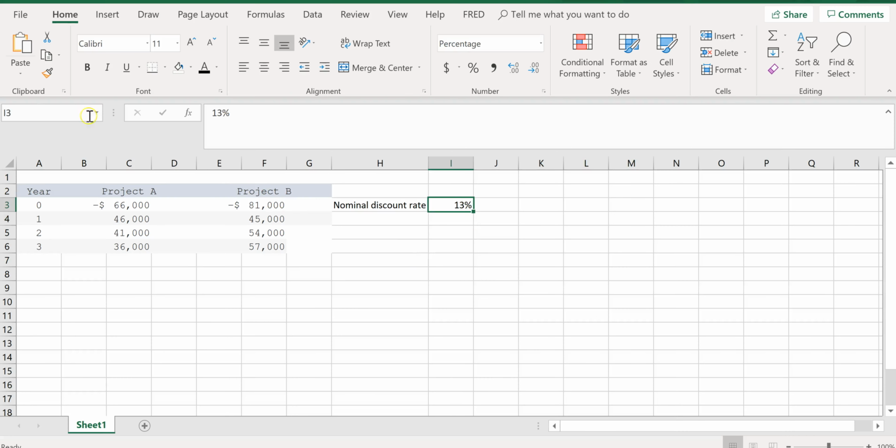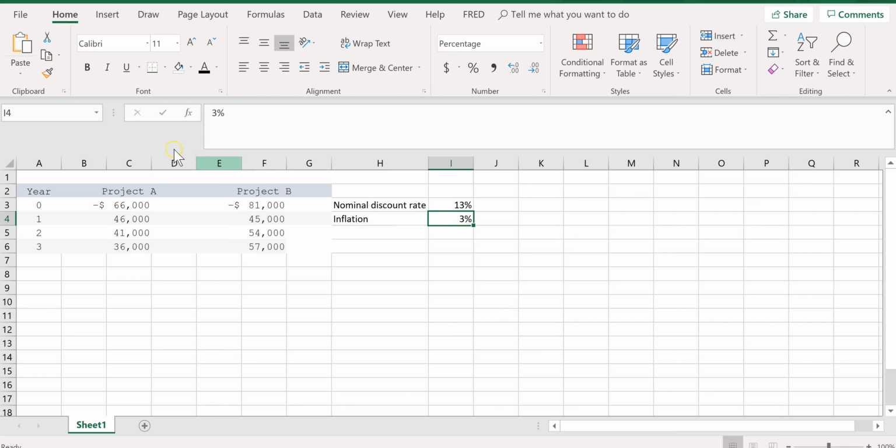So we can actually change this name to be NDIS, because later on I can just use this symbol to denote the nominal discount rate. And then inflation, that's provided as 3%.